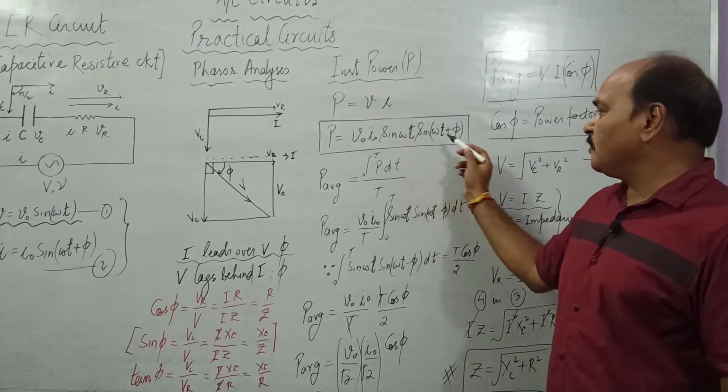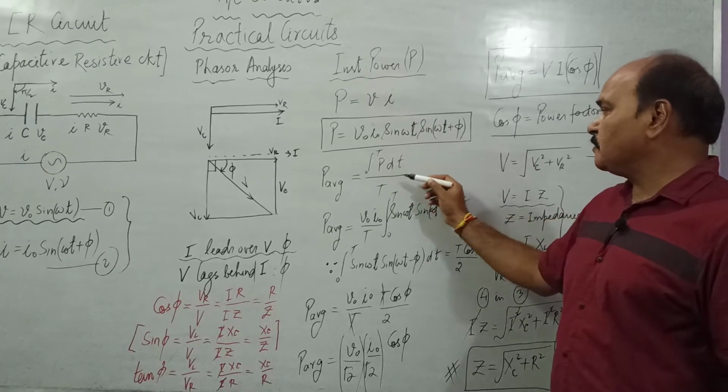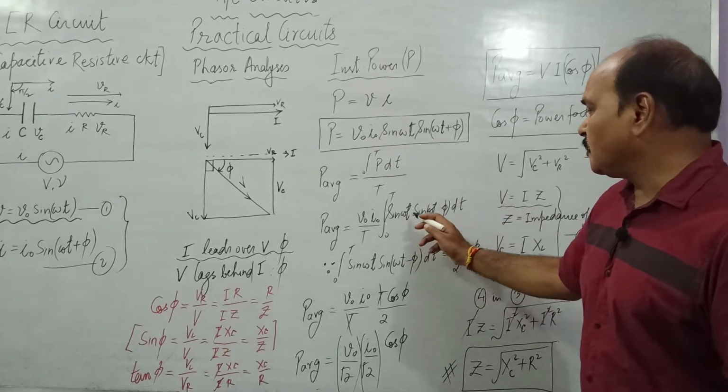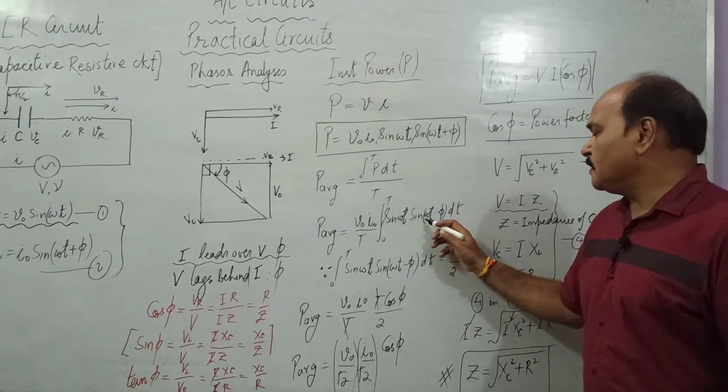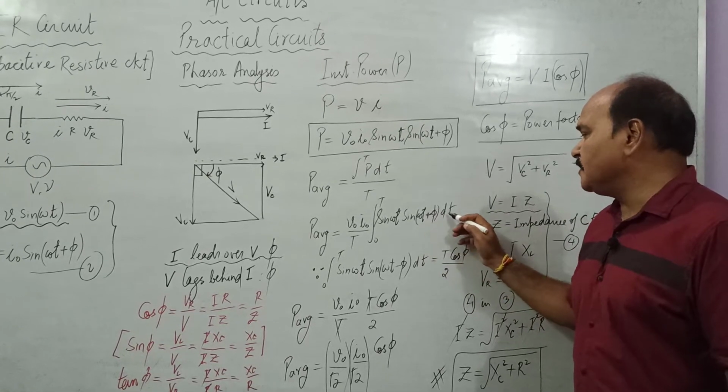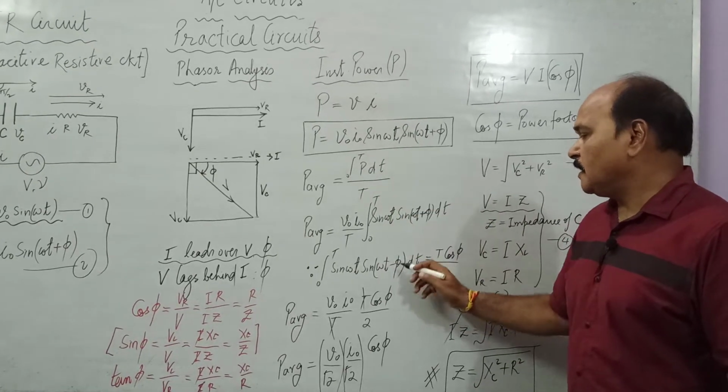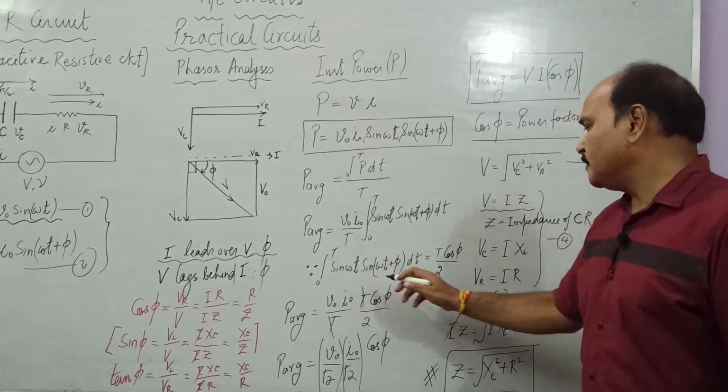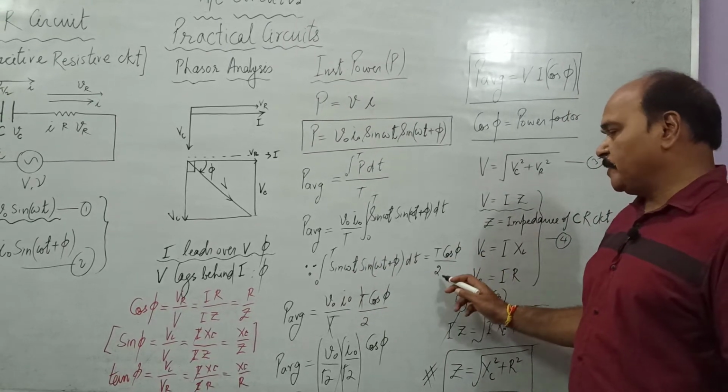So let us substitute the value of P here, that is V naught I naught by T, integration of sine omega t into sine of omega t plus phi dt from 0 to T. Integration of this very term comes out to be T cos phi by 2.